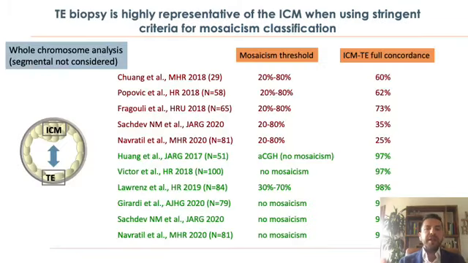As you can see in this table, the use of different thresholds for mosaicism classification can severely impact the prediction of the ICM outcome in comparison with the trophectoderm diagnosis.